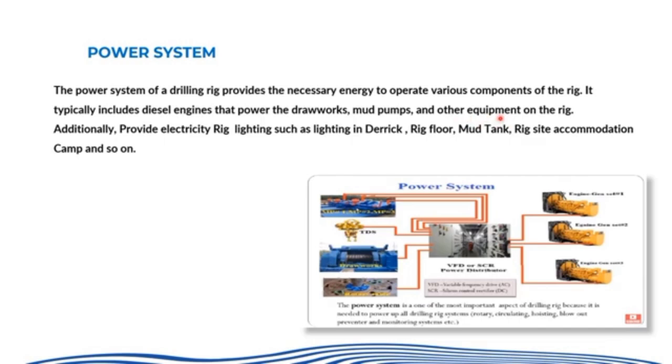Sometimes the rotary table has its own electrical motor, but in most rigs the rotary table is run by the diesel engine. Additionally, electrical power is also provided for rig lighting, because in the rig there are multiple places with lights, such as in the derrick, on the rig floor, and on the mud tank, and in the rig-side accommodation quarters, the rooms where the rig crew lives.